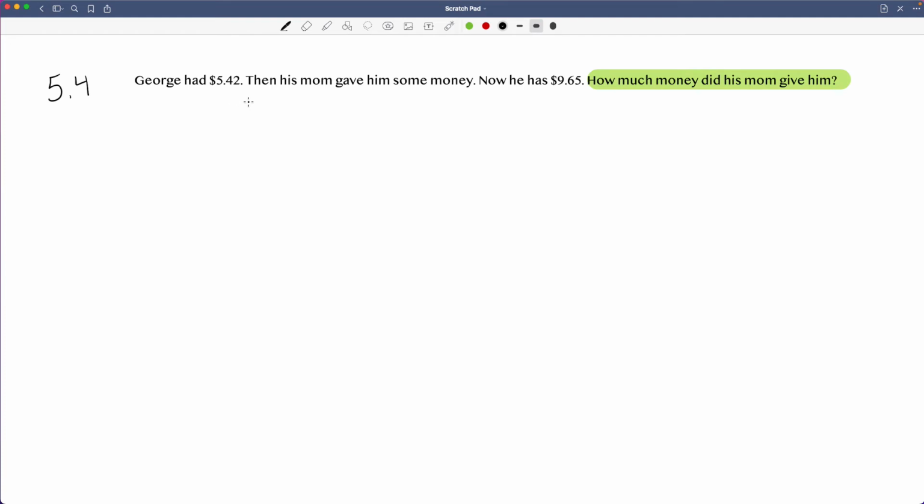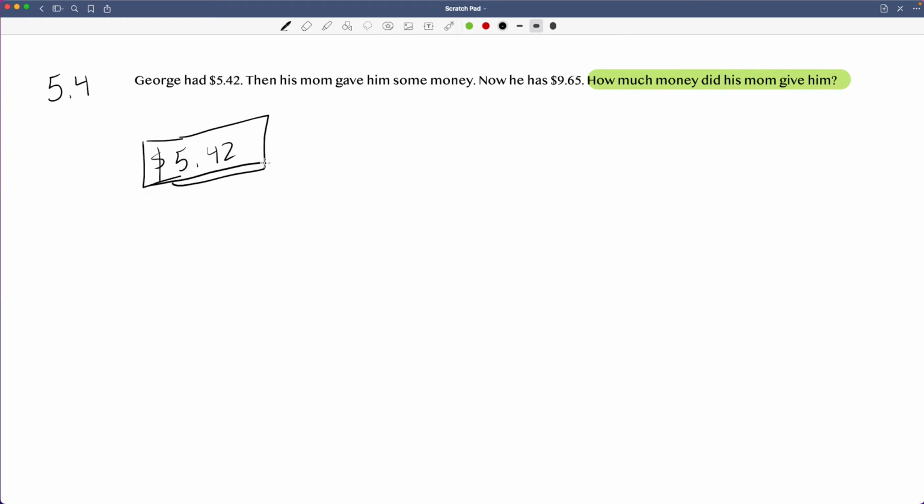So we are going to write this. Let's draw our picture of, let's just draw a little bit of money here. So we have, here's a dollar bill. Now he has $9.65, right? Or actually, let's start with the other amount. I think that would probably be better. He started with $5.42.